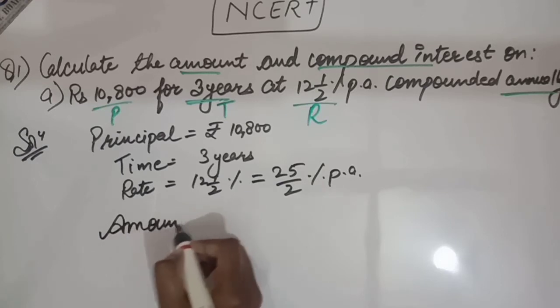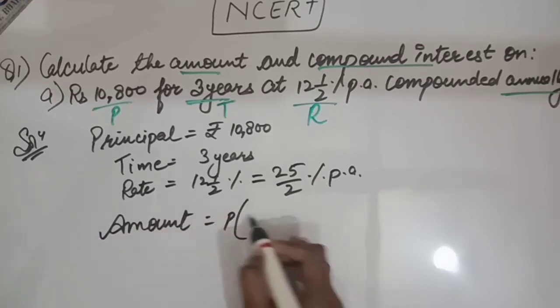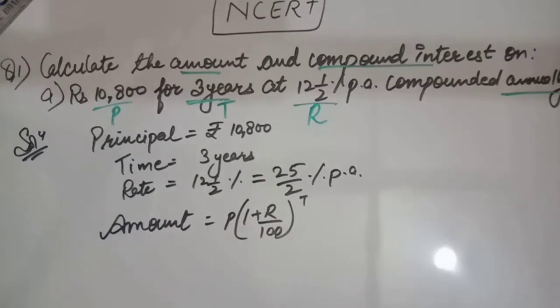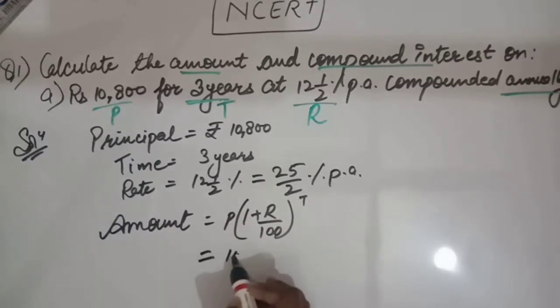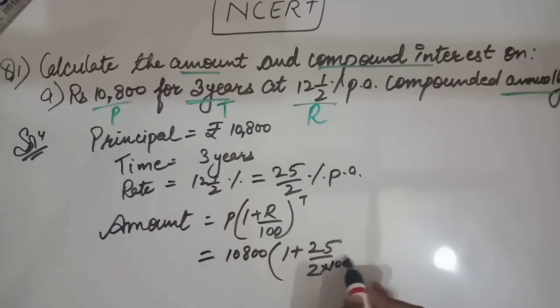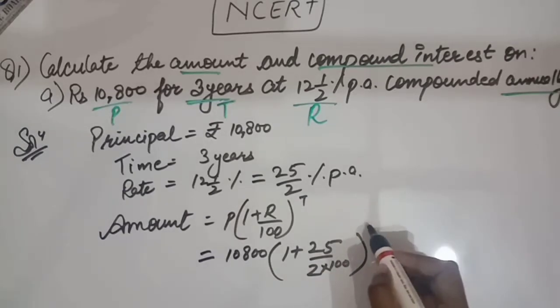As we know, amount is equal to P(1 + R/100) to the power time. P is 10,800. 1 plus R is 25/2. Time period is 3 years.